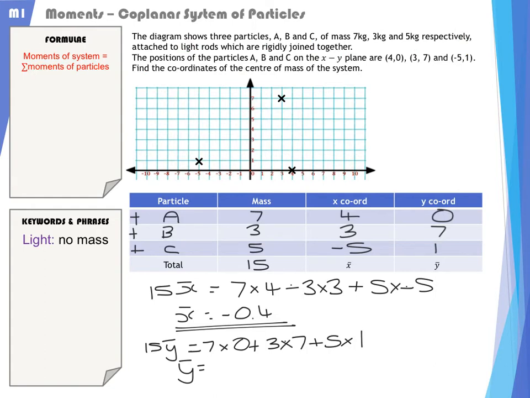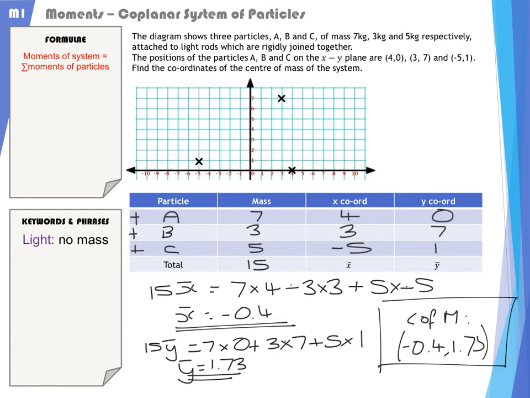So 7 times 0 is nothing, 3 sevens plus 5, divided by 15, not such a nice number this time, 1.73 recurring, so that's 1.73 to 3 significant figures. So our final answer for the centre of mass, I think it would be nice to write as a coordinate: -0.4, 1.73. There we go.